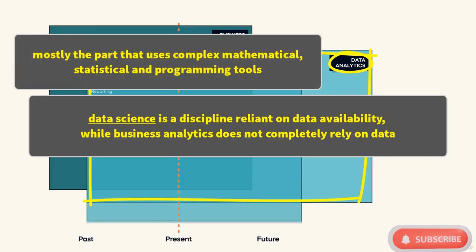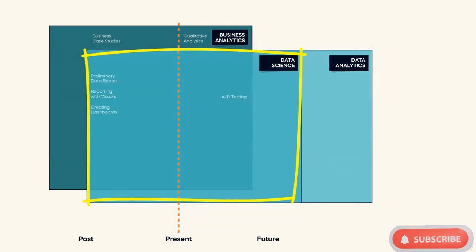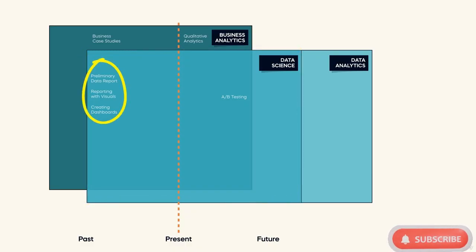Consequently, this green rectangle representing data science on our diagram will not overlap with data analytics completely, but it will reach a point beyond the area of business analytics. Okay, great. Does this mean that the preliminary data report, reporting with visuals, creating dashboards, and A/B testing are of interest to a data scientist?